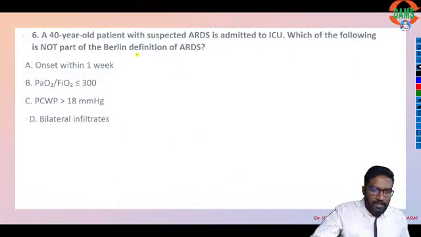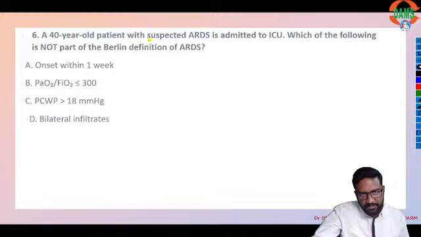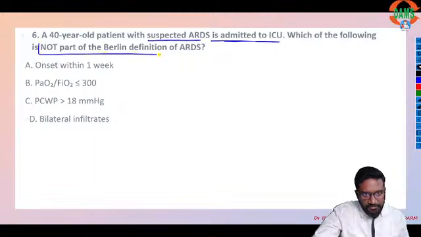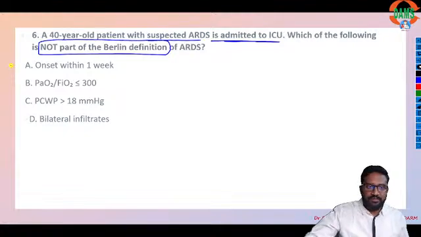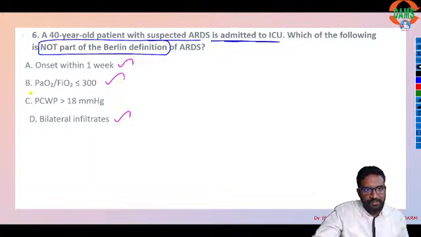Then a 40-year-old patient with suspected ARDS is admitted to the ICU. Which of the following is not part of the Berlin definition? According to the Berlin definition of ARDS, onset within 1 week is true. PaO2 by FiO2 less than 300 is true. Bilateral infiltrates is true. It is a non-cardiogenic pulmonary edema.